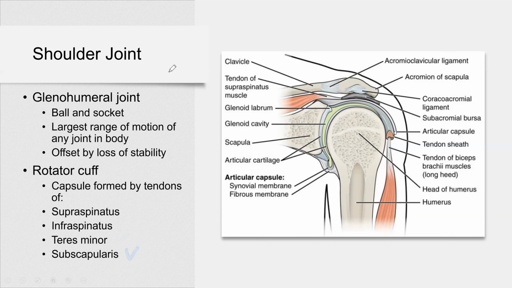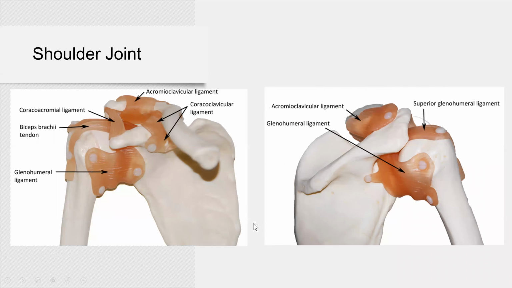If you look at the next picture, let me show you where those muscles are located. This bone is the scapula, and we're looking at the posterior view. This bony structure of the scapula is called the spine. We have a fossa above the spine, and this will be our supraspinatus muscle.